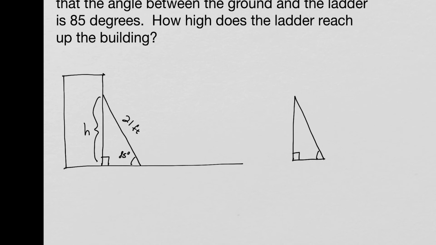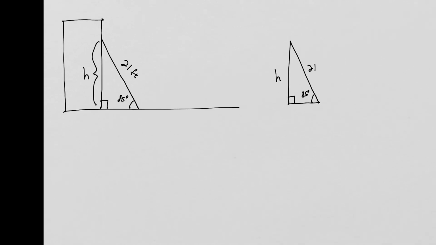right, again, I know this is 85 degrees. I'm looking for h, and I know this is 21. So relative to the angle 85 degrees, the h is the opposite side, and the 21 is the hypotenuse. So what trig function relates opposite and hypotenuse? Well, that's sine, right? So we know that sine of 85 degrees has to equal opposite h over hypotenuse, 21.